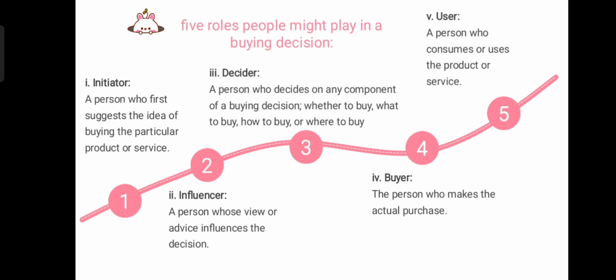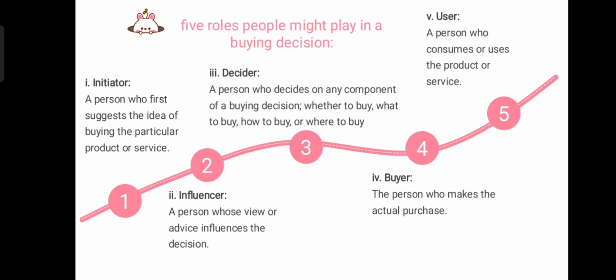I always initiate eating food outside. And then the next is the influencer, a person whose view or advice influences the decision. I can still consider myself the influencer because I always push them, because they are killjoys. I push them to go and buy.